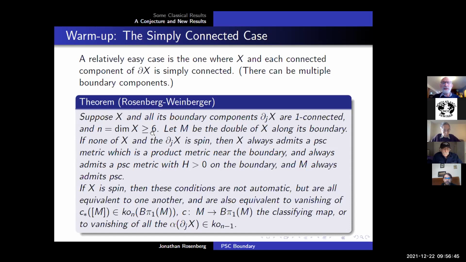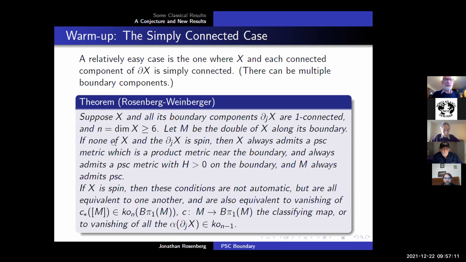Why 6? That's because, remember, we saw that you run into trouble in dimension 4, but if n is the dimension of X, then the dimension of the boundary of X is n minus 1, and we're going to need to know something about the boundary too. So we want n minus 1 to be bigger than 4. That's why we want n to be greater than or equal to 6. Okay, so let M be the double.